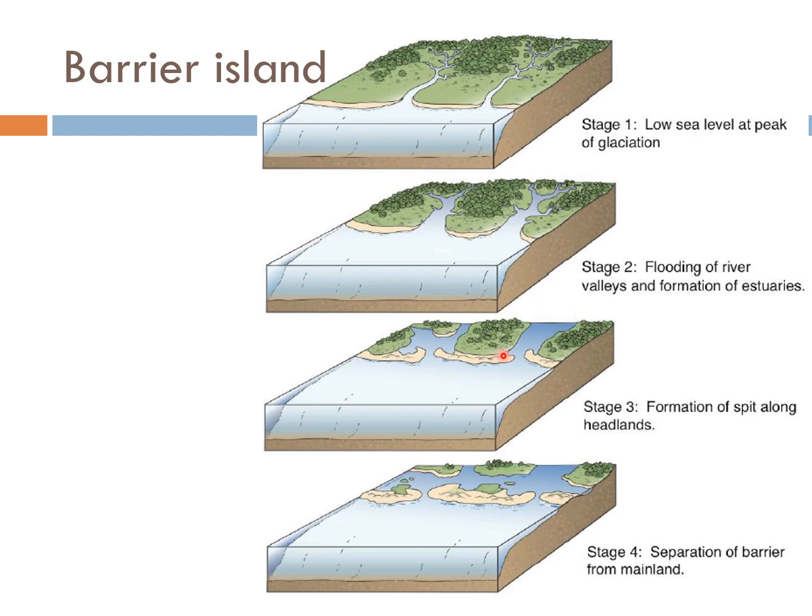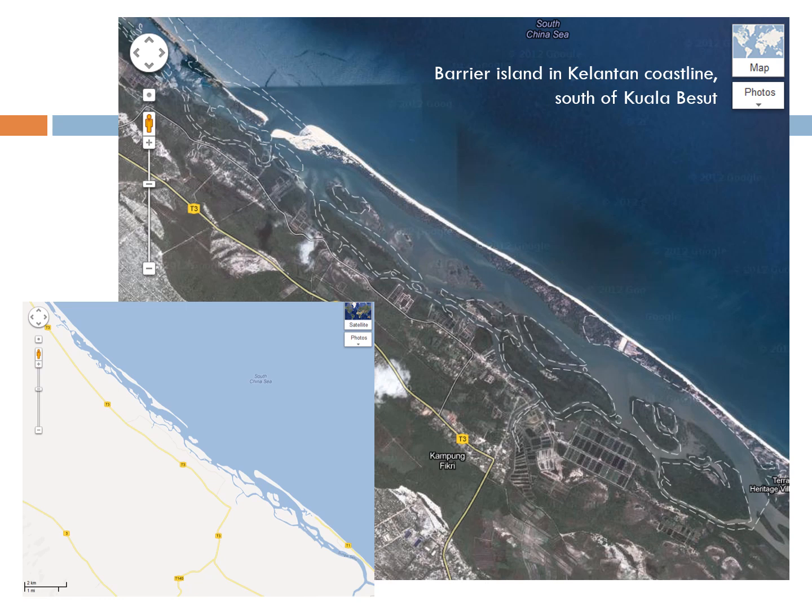When spits are already formed in the coastal area, if there is sea level rise, which in this case can only happen over a long time period, the flooding inundated the low area of the land, and as a result of that causes the mainland to be separated from the spit, and that is where this remaining spit formation is now known as the Barrier Island. This figure over here shows example of Barrier Island in Kelantan coastline south of Kuala Besut.